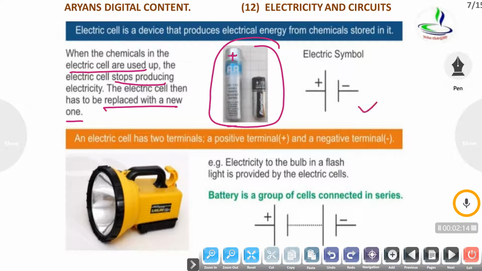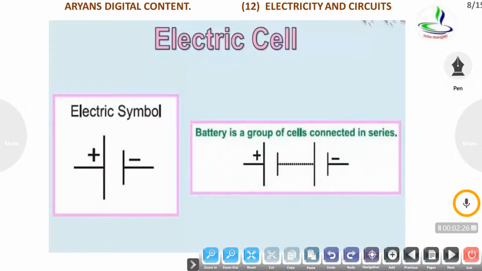When these electric cells are arranged in a series, they form a battery. These are the symbols for electric cell: positive terminal, negative terminal. And what in case of battery?